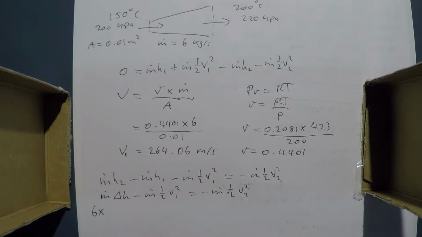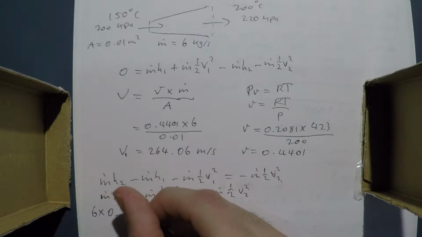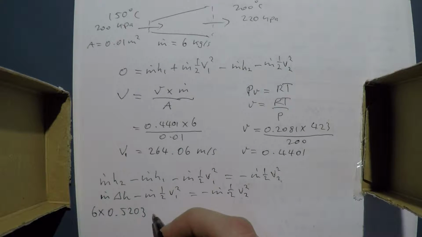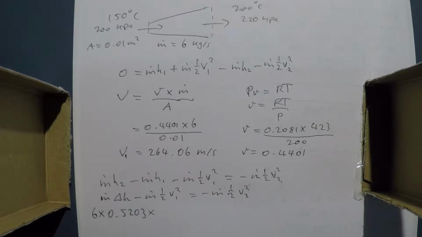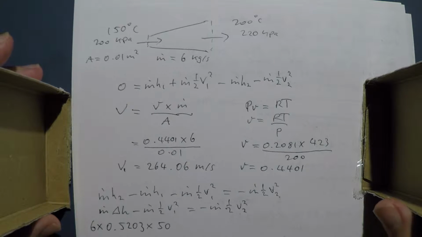Now remember that delta H equals Cp delta T. So we have to look up our Cp value for argon. The data tables tell me that it is 0.5203. Cp delta T. Because this is a difference, it doesn't have to be in Kelvin, so the difference is 50 degrees, from the data in the original question.